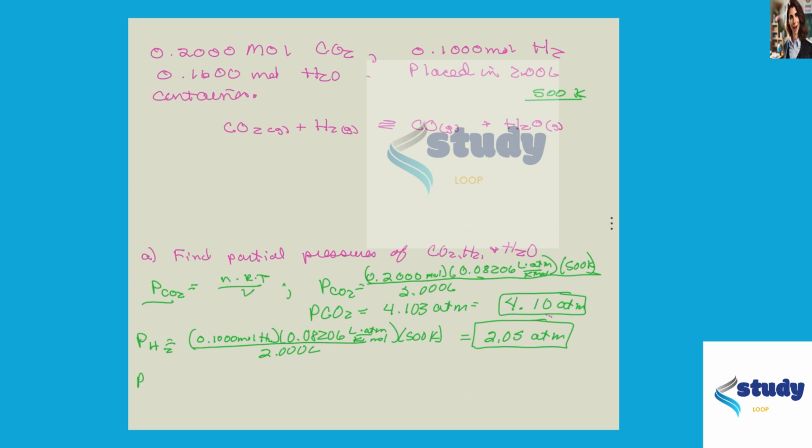And then my partial pressure of H2O will be 0.160 times 0.08206 L atm per K mol times 500 Kelvin divided by 2.000 liters, which is 3.28.